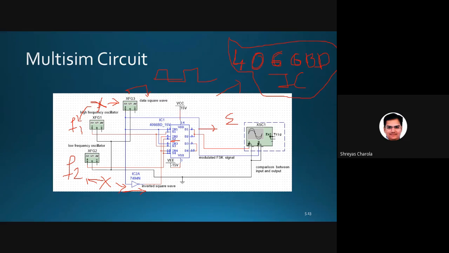Okay, good. The 4066 is a quad bilateral switch. Okay.